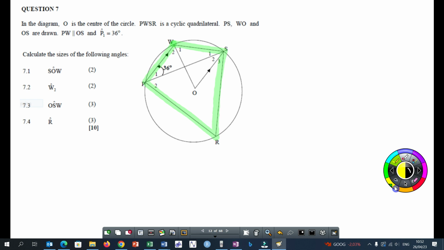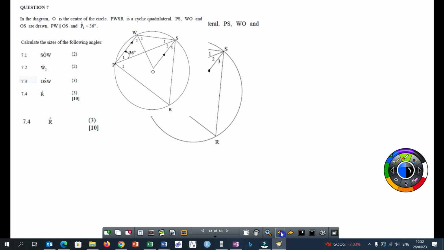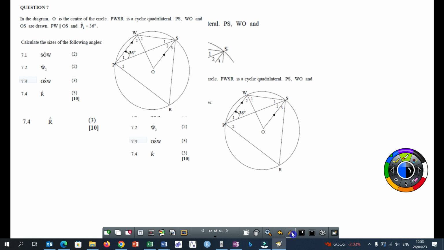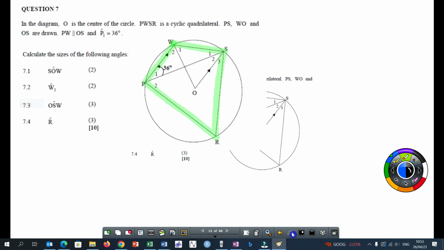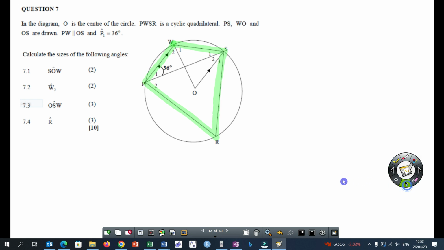Okay, so let me indicate that. I clicked something which I wasn't supposed to click. How did this diagram end up being there?